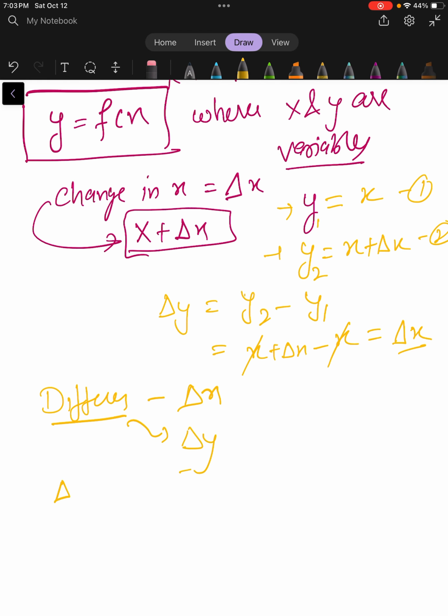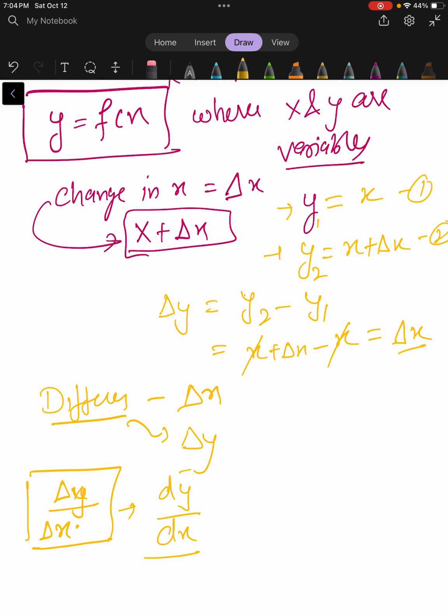I am just writing here delta y upon delta x. Okay, this is the value that I am writing here. So this is called the quotient of the two incremented values. When the differences delta x and delta y are very small, we can write it as dy upon dx, and this difference is very small.